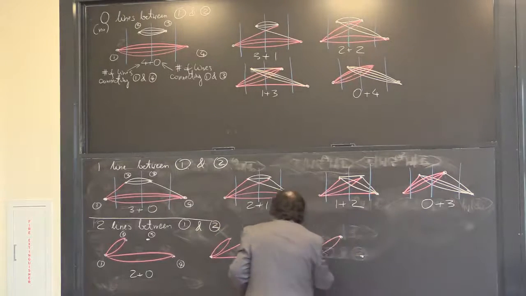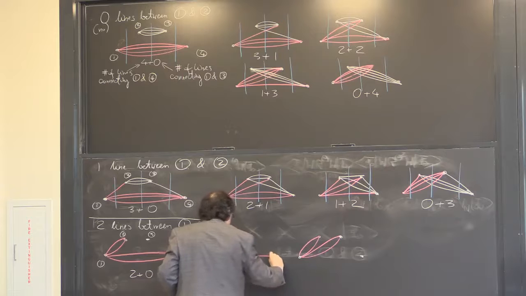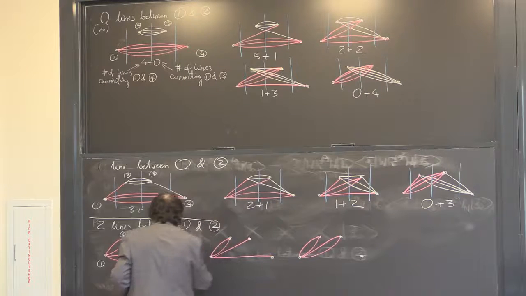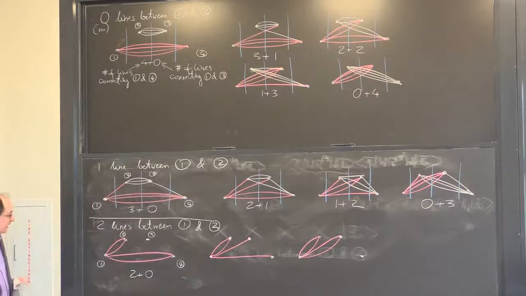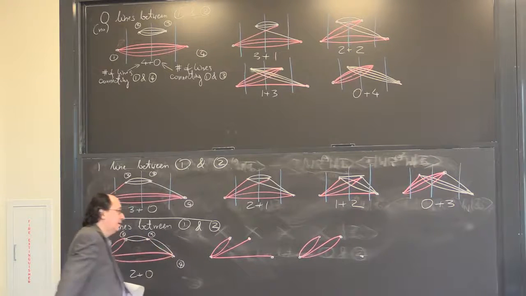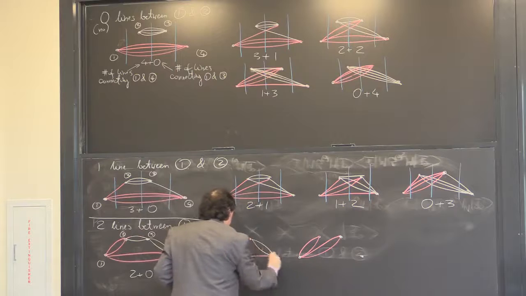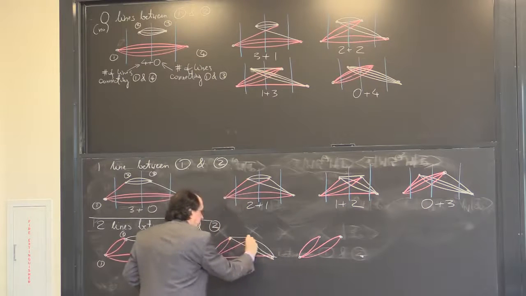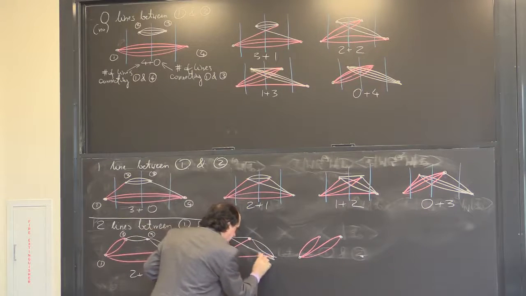Vertex 3. And once again, what needs to be done is we need to fill the lines. So we end up with 2 lines here, 2 lines here. We'll end up with 2 lines here, 1 line here, and 1 line here.